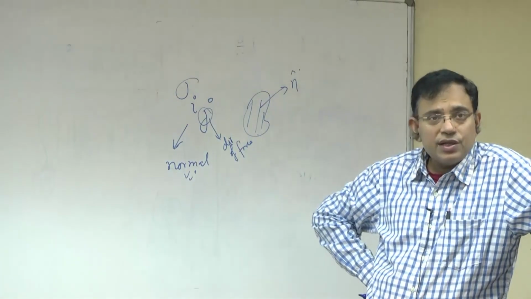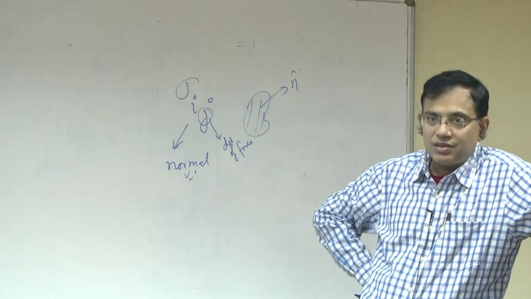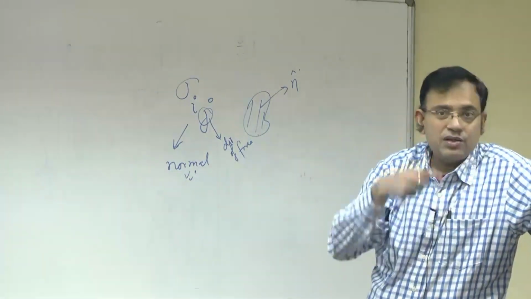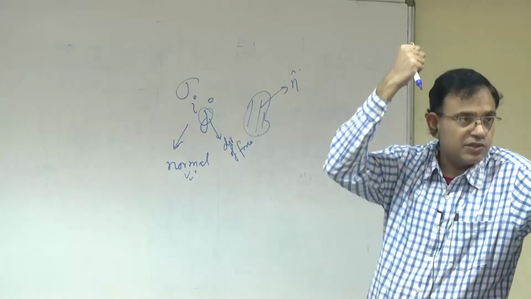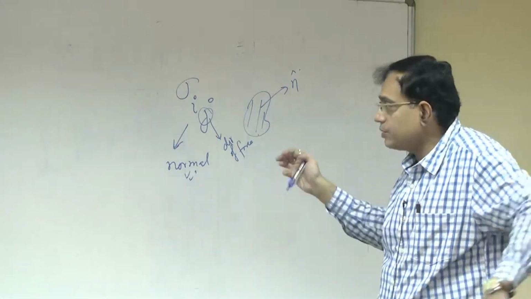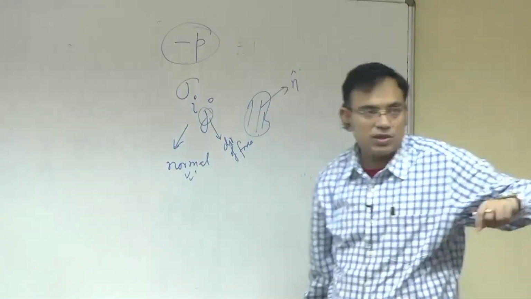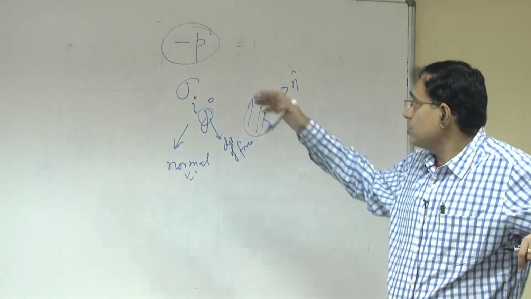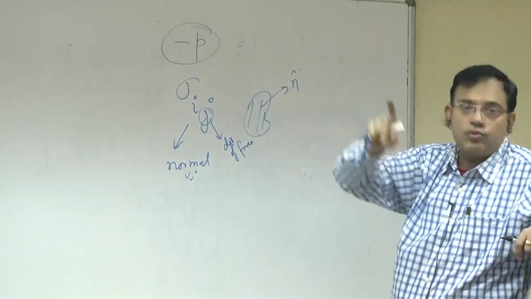Pressure is always inward to the area, and by sign convention, tensile stress is positive. So, that is why minus P is what represents the normal stress, even if the fluid was at rest.